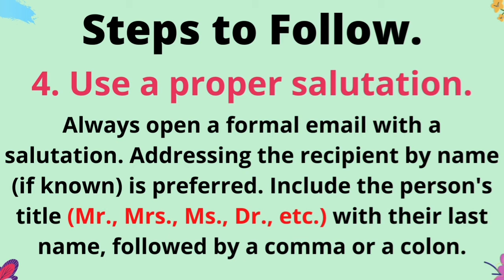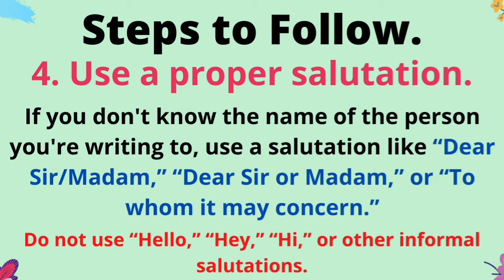Be courteous. If you don't know the name of the person you're writing to, use a salutation like Dear Sir, Madam, Dear Sir or Madam, or To Whom It May Concern. Do not use hello, hey, hi, or other informal salutations, because these are not family members, these are business colleagues.